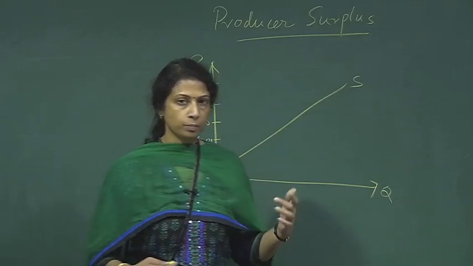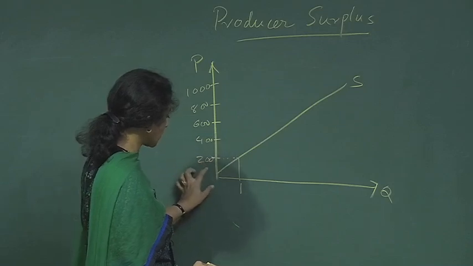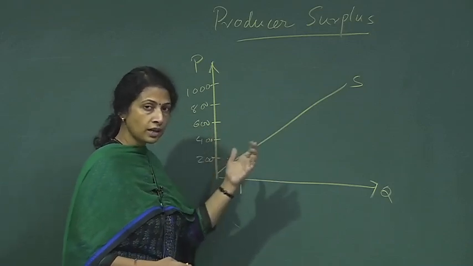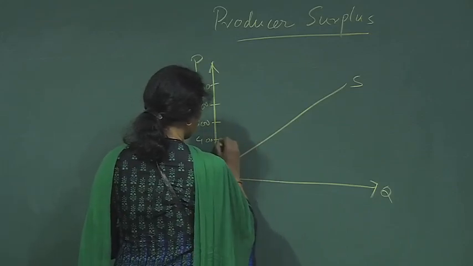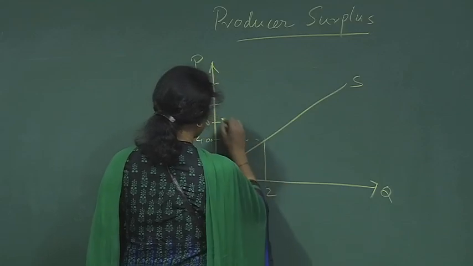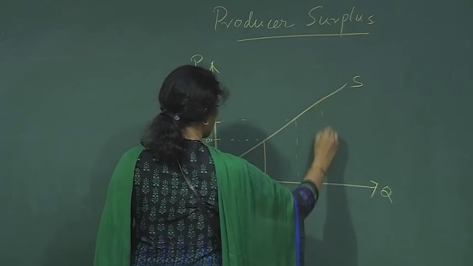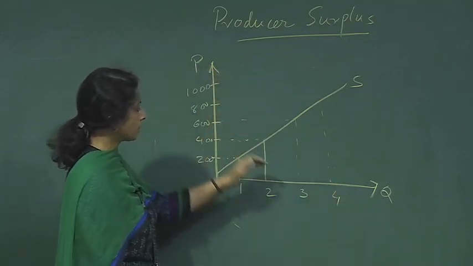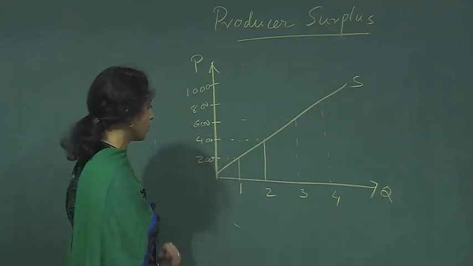He is willing to supply a unit, and the first person also, now that the price is more than his cost, is willing to supply. So, 2, 3. This way, as the price goes up in the market, more and more sellers enter the market and they are willing to supply.